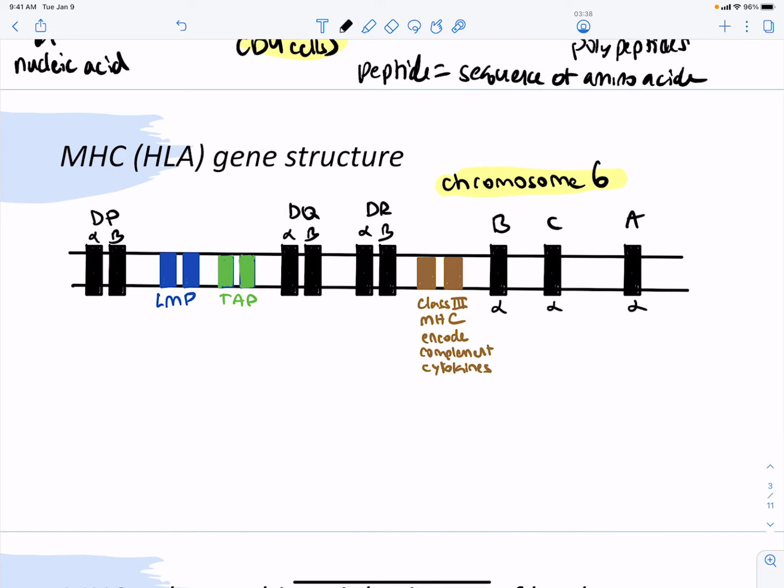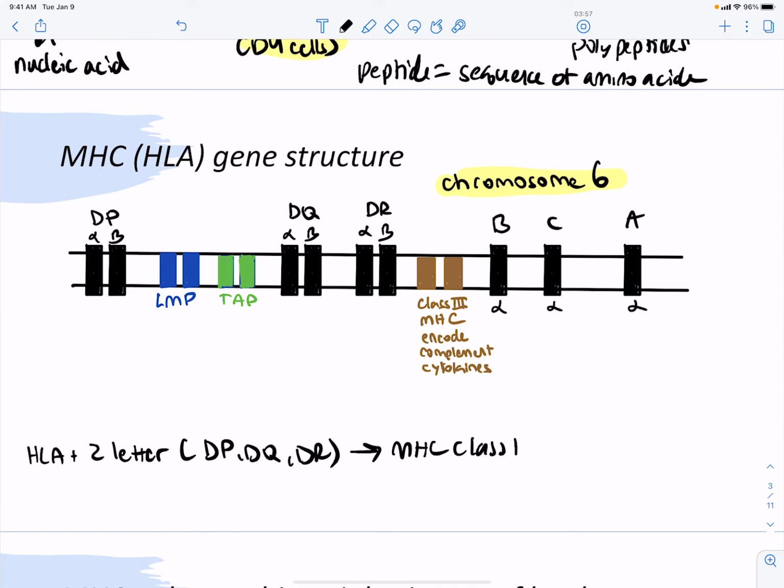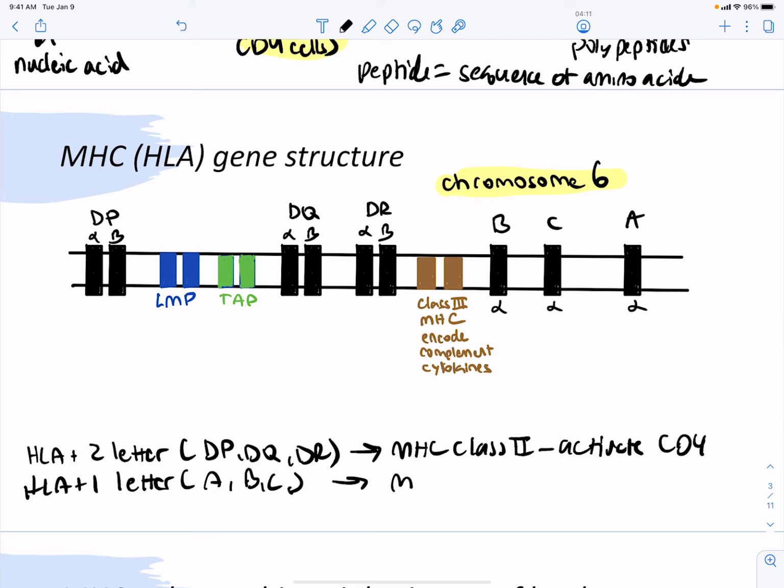Just as a nomenclature, if you have human leukocyte antigen plus 2 letters, such as DP or DQ or DR, this is going to be MHC or HLA class 2 and activate CD4. And if you have HLA plus 1 letter, A, B, or C, this is going to be MHC class 1 and activate CD8 T cells.